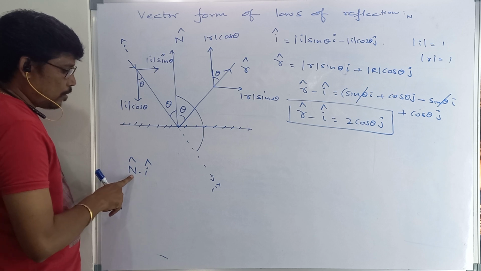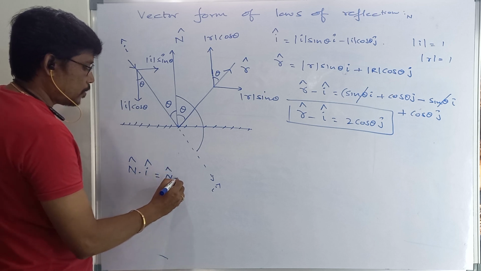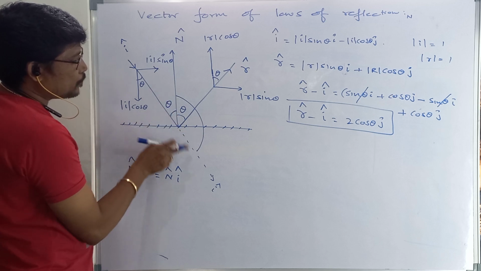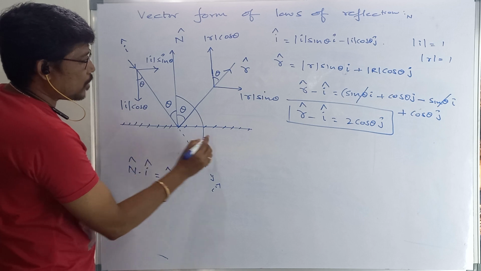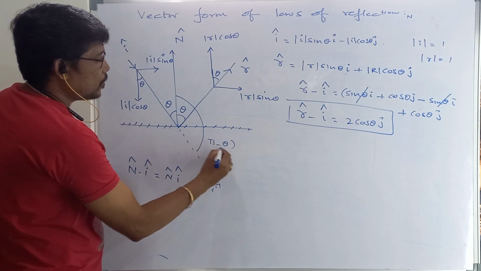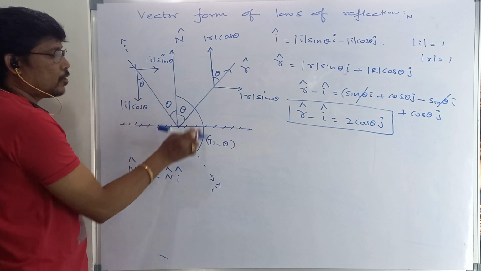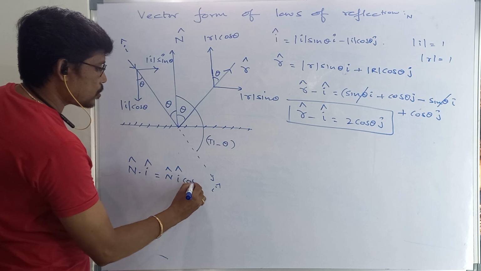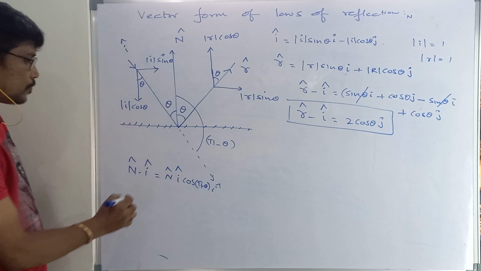You know a bar dot b bar, that you can write as a bar b bar cos of the angle, that is I cap. And what is the angle between these two? This normal and this total is 180. You can write as pi minus theta. This angle is pi minus theta because this is theta, this is 180. So this is pi minus theta. So instead of cos theta I can write cos pi minus theta. I hope you understand this.